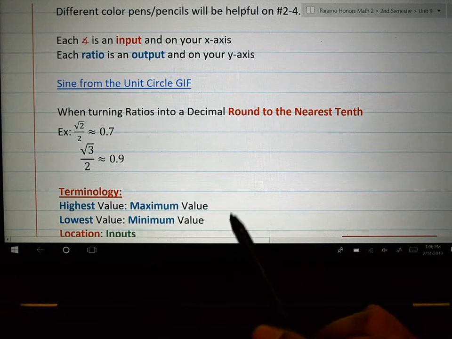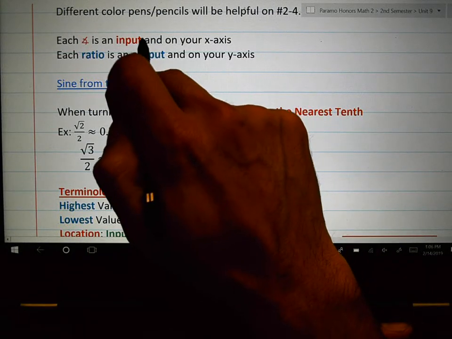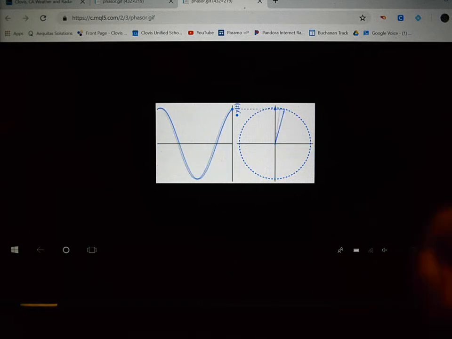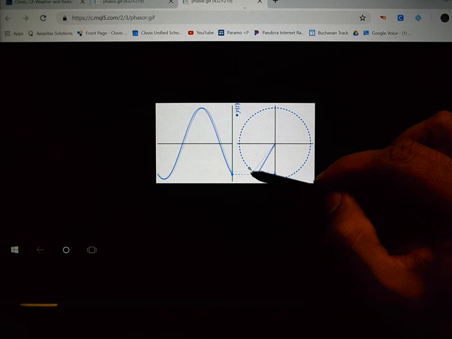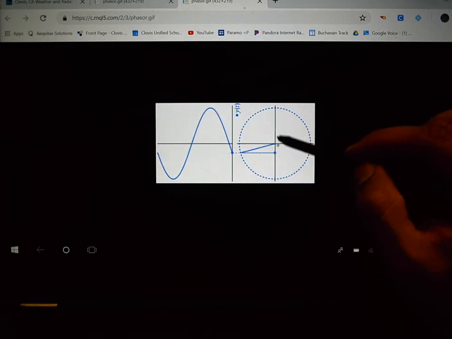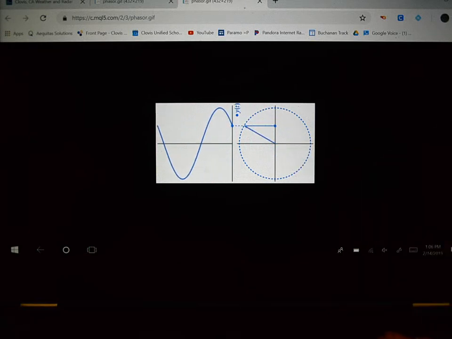I'm going to give you a little bit of a preview of what you're going to see today. This here is an animation of a circle graph that is measuring the distance from this point on the outside of the circle, saying how far that point is from the x-axis.